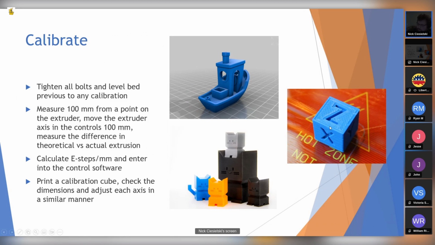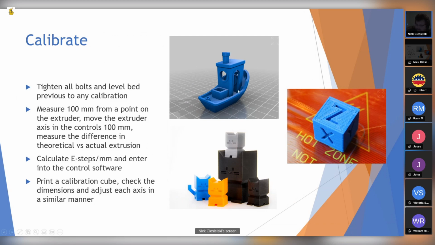You can then do some more crazier tests. There are these calibration cats here that have some complex features in there. Anytime you have an overhang like this tail here, or on this Benchy boat, which is going from small and widening out as it goes up, as well as this large overhang on the front, you have to be very precise and take very small steps in order to get those to build up over the air like that without supports.